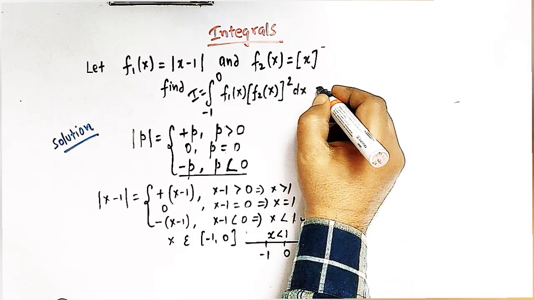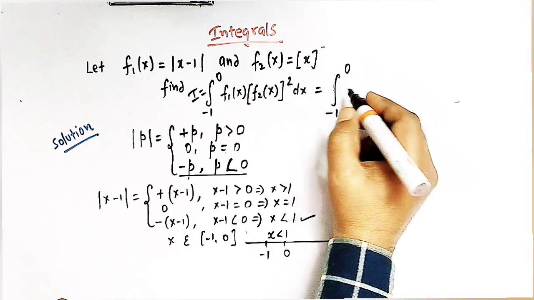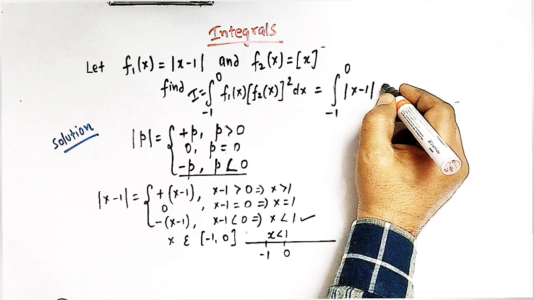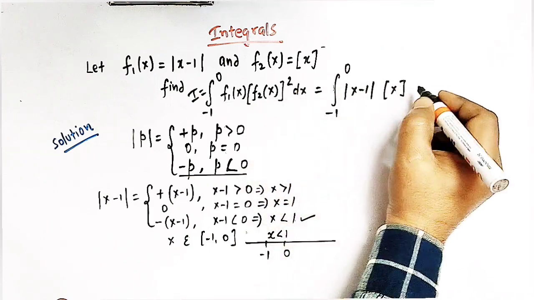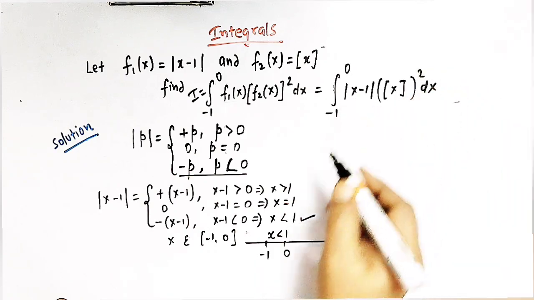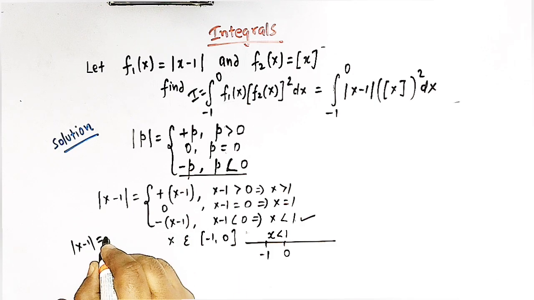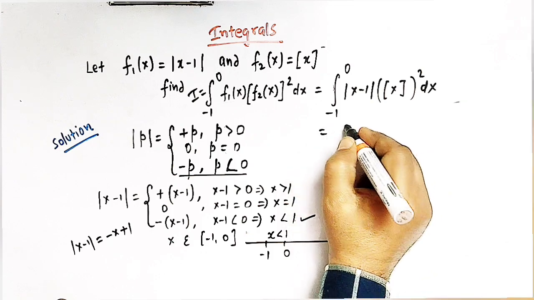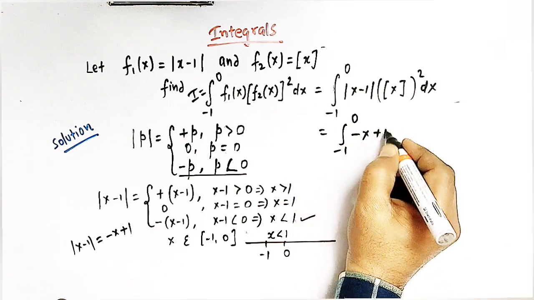So now this integral I can be written as minus 1 to 0, and f1 of x is mod of x minus 1, and here f2 of x is the greatest integer of x square, right? Okay, so now we can replace mod of x minus 1 as negative x plus 1, right? So here we have minus 1 to 0, and here we have minus x plus 1.